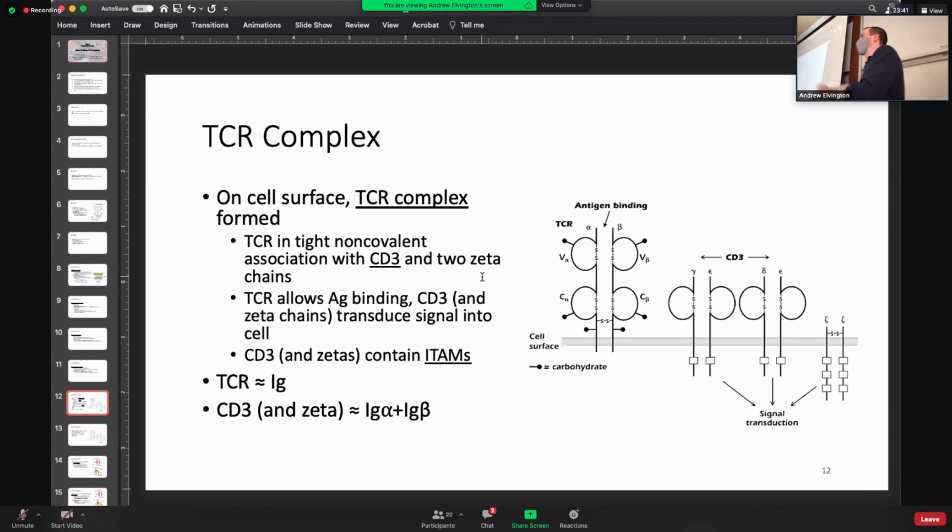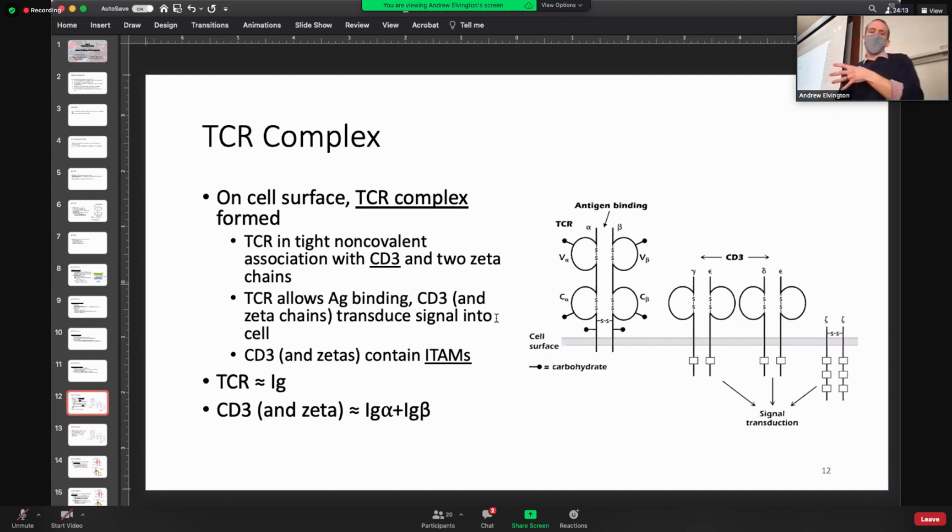So if you were to be asked a question, who does the signaling inside the cell during T cell receptor activation? You would say CD3. And we would just understand that you know that the zeta chains are a part of that. There's some distinction as to how you group those together. Just like with IG alpha and beta, when the T cell receptor sees the antigen, that will cause a change in CD3 so that they shift just a little bit differently.